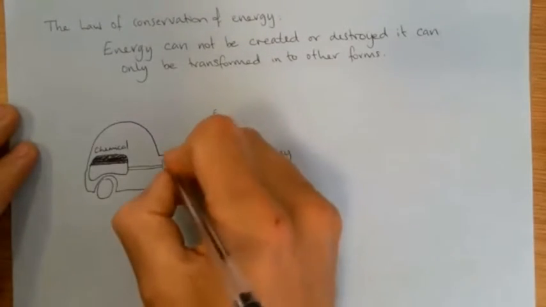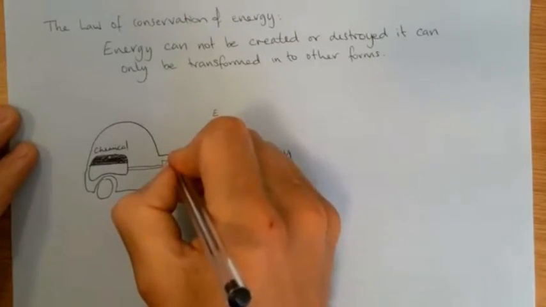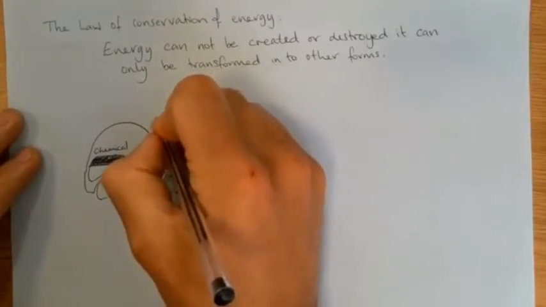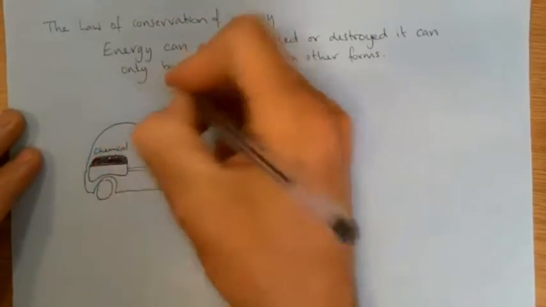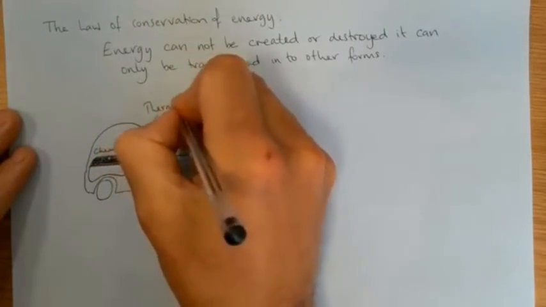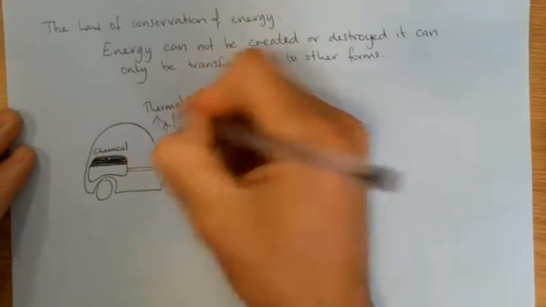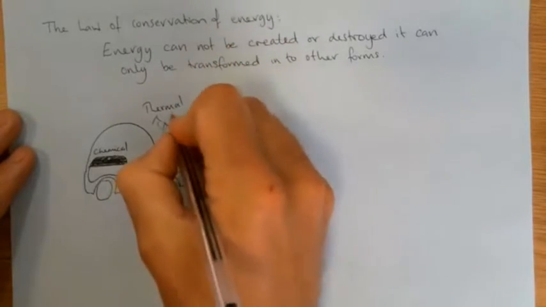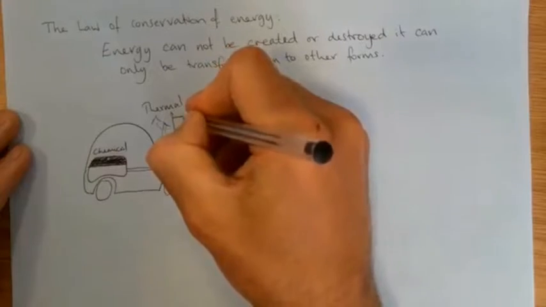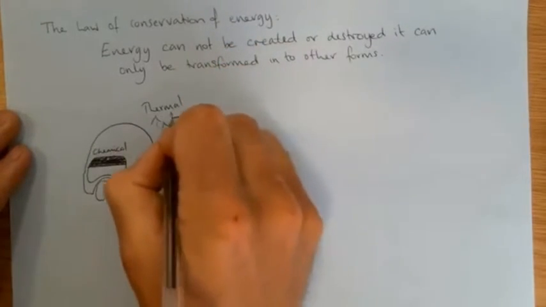But as well as kinetic energy, there's also thermal energy given off, and sound will also be given off. So we would say that there is a store of thermal energy which is increased, which goes into the atmosphere.